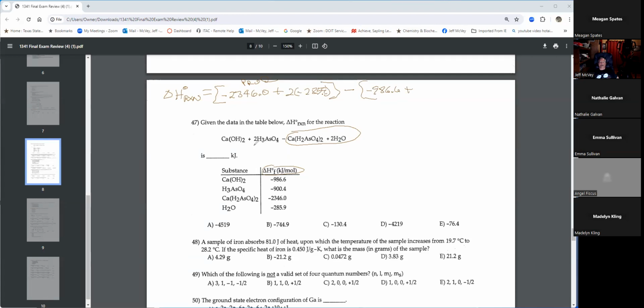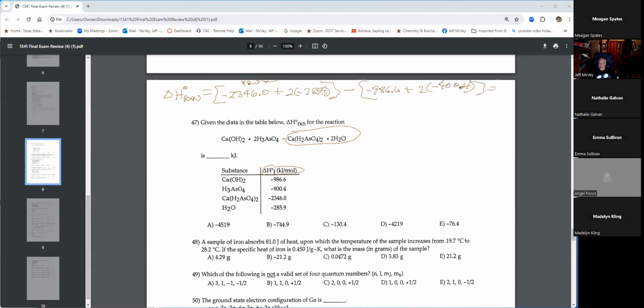Plus, we got 2 of these things. That's arsenic acid, minus 900.4, and there's 2 of them. So don't forget to multiply by 2, minus 900.4. And then boom.